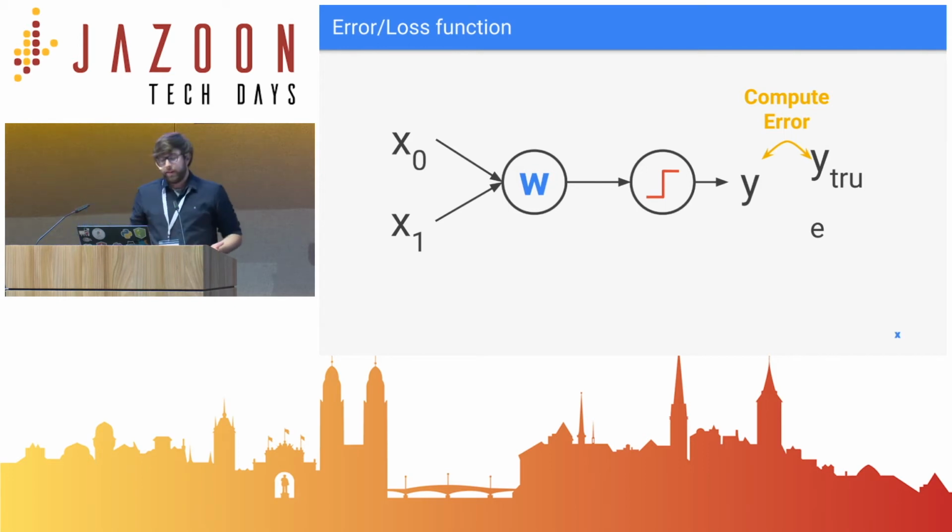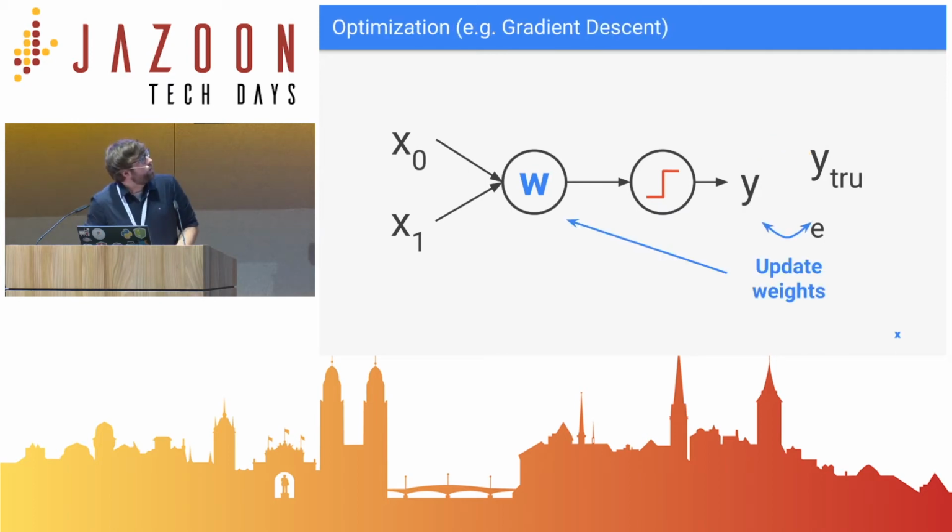And this error tells us you are either good or you're bad, and it also tells us how good and how bad you are. We use this error afterwards in a technique called gradient descent to update the weights iteratively.